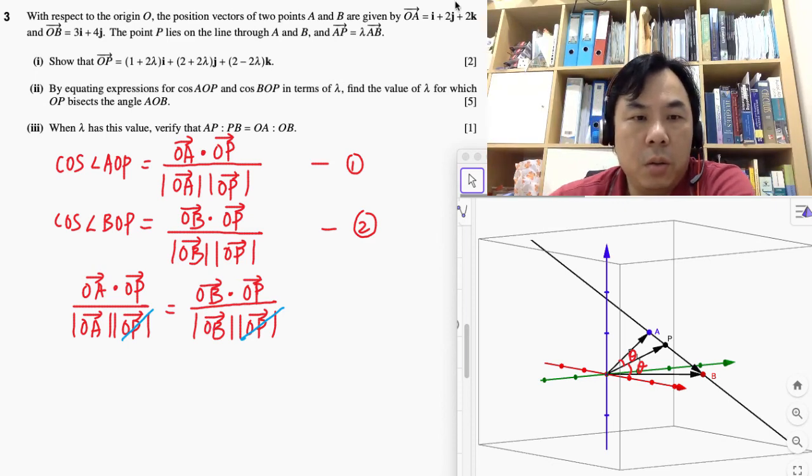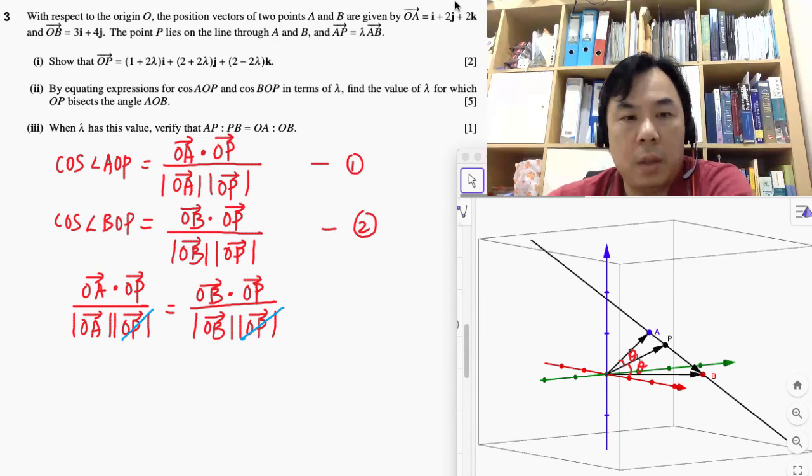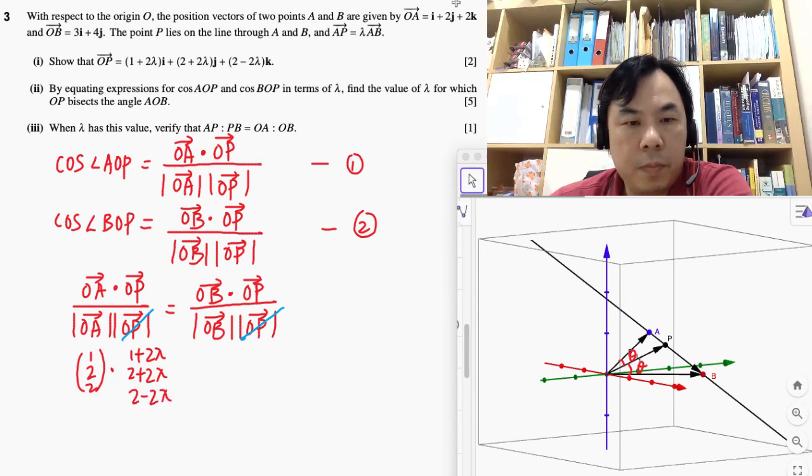All right. So OA and OP, we will get what do we have here? We have 1, 2, 2. I just rewrite this. With OP, OP is this, over the magnitude of OA. So the magnitude of OA is quite simple. It's just a 3 in this case.